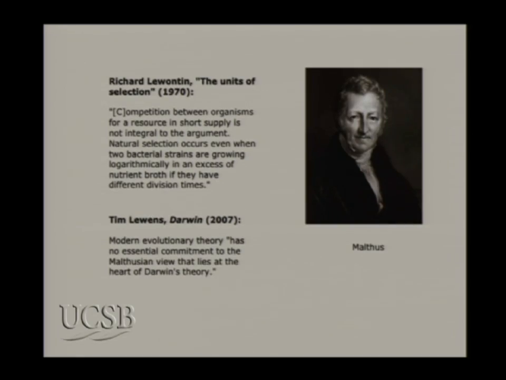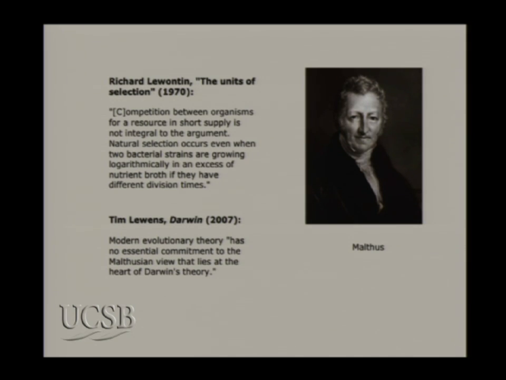So here, for example, is Richard Lewontin, writing in one of his summaries of what evolution by natural selection involves. Lewontin says, competition between organisms for a resource in short supply is not integral to the argument. Natural selection occurs even when two bacterial strains are growing logarithmically in an excess of nutrient broth if they have different division times. So no need to suppose competition for scarce resources.